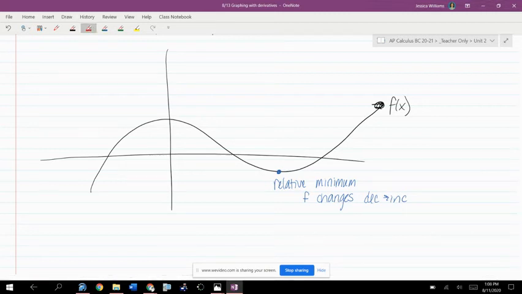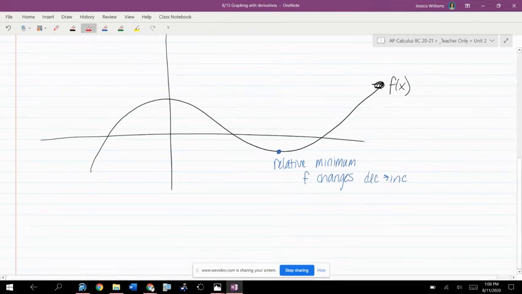But now that you're in calculus, you can define decrease and increase different ways. So we can define a relative minimum not by what f is doing, but by what f prime is doing. If f is changing from decreasing to increasing, that means f prime is changing, not from decreasing, but from negative to positive.